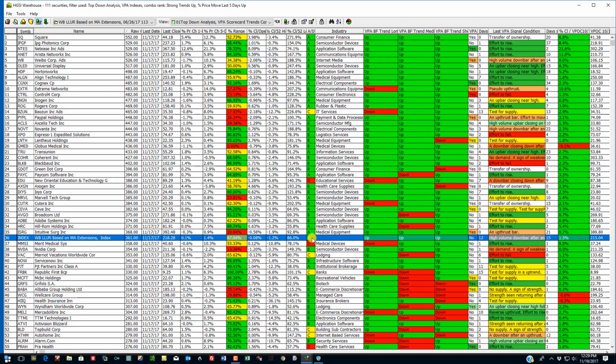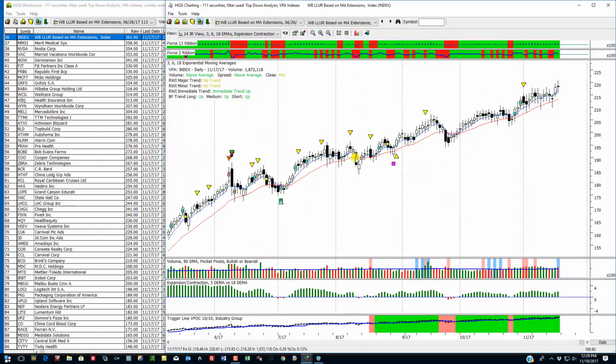You can see that this index has an accumulation right here. So let's just bring up the index, and you can see that going back to June, this would be June in here, I'll put a crosshair on, in the end of June, when it looked like maybe the market was rolling over, this index has rallied and has continued higher.